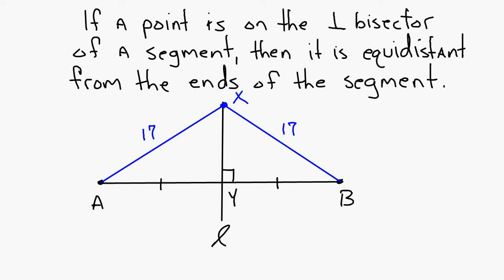Yes? So if you were to write out the statement, you'd say AX is congruent to XB? Correct. AX is going to be congruent to XB. If there's a point here, this red point, maybe it's point Z, it's on line L, isn't it? If the point is on line L, then it is equal distance to the endpoints of the segment. So Z to B would be congruent to Z to A.